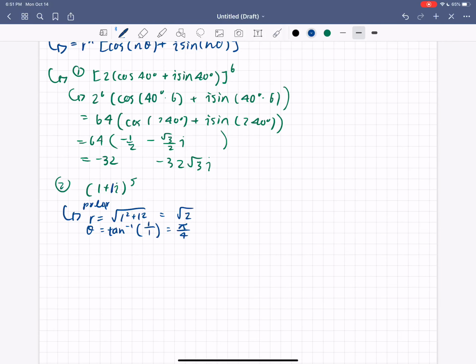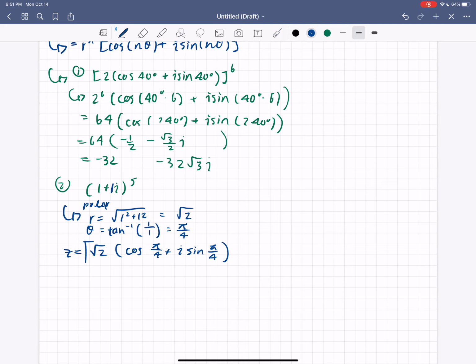So given that, we now express this as a polar complex number. So z is equal to root 2 (cosine pi over 4 plus i sine pi over 4).